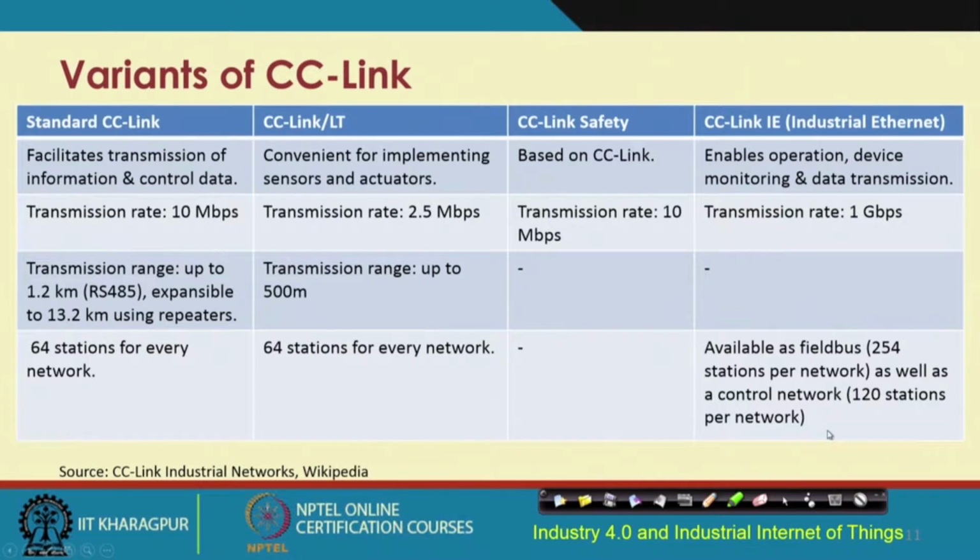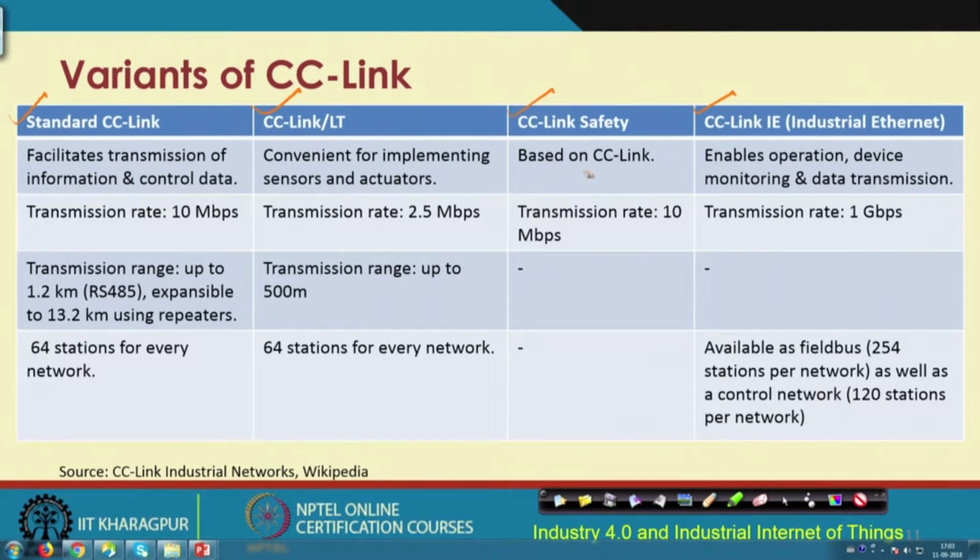So, these are the different variants of the CC link protocol: the standard CC link protocol, then CC link LT, CC link safety and CC link industrial ethernet. CC link standard facilitates transmission of information and control data. CC link LT provides convenient implementation of sensors and actuators and connecting between them.